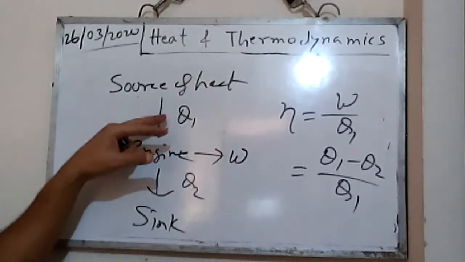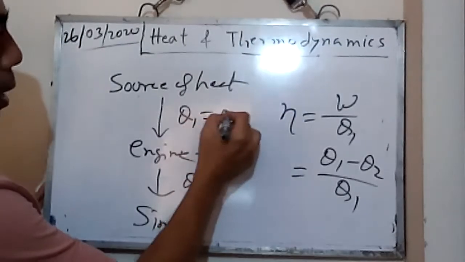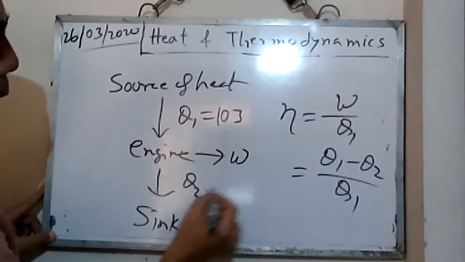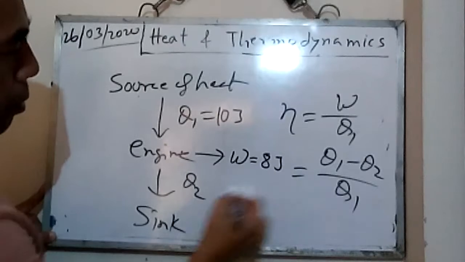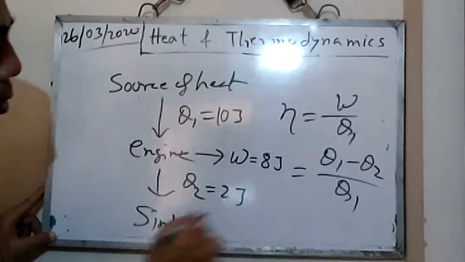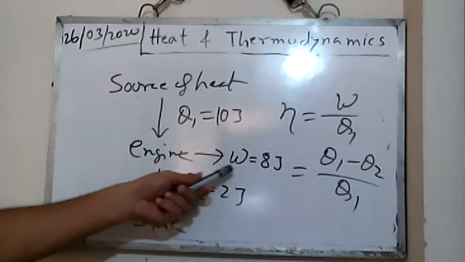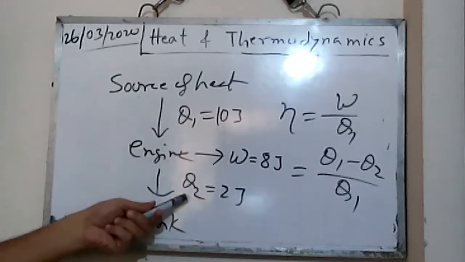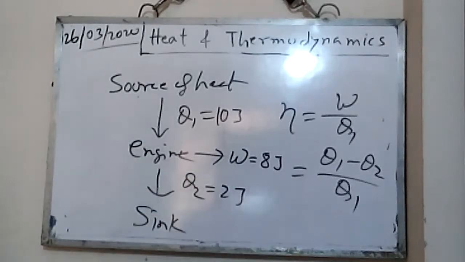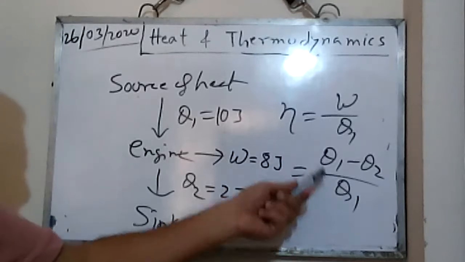Q1 is the absorbed heat energy, and suppose this is 10 joule, and work done is equal to 8 joule, and then 2 joule is wasted. Therefore, work done equals 10 minus 2, that means Q1 minus Q2 divided by Q1, and Q1 is the given input, and this is output by input.